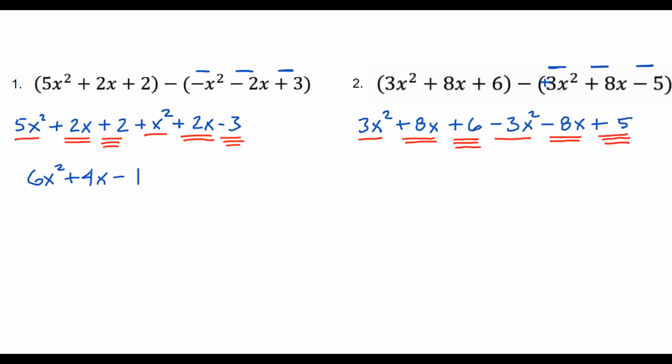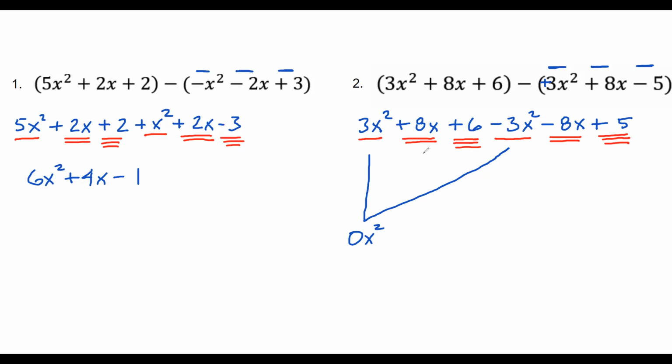So let's combine those. I'm going to draw some lines here when I combine these, just to be clear what I'm combining. The 3x squared and the minus 3x squared. Well, those are just going to cancel each other out. 3 minus 3 is 0, but we're not going to write 0x squared. I will, actually, but that won't be part of our final answer.